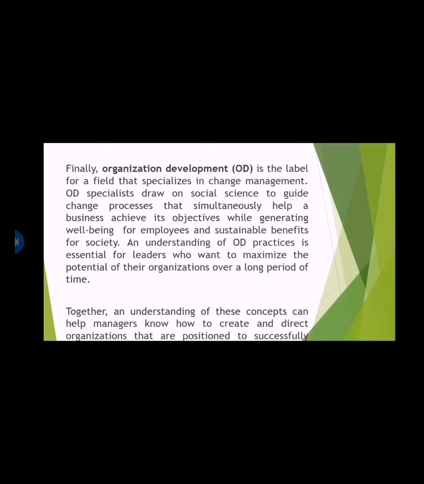An understanding of organizational development practices is essential for leaders who want to maximize the potential of their organizations over a long period of time. Together, an understanding of these concepts can help managers know how to create and direct organizations that are positioned to successfully accomplish strategic goals and objectives.